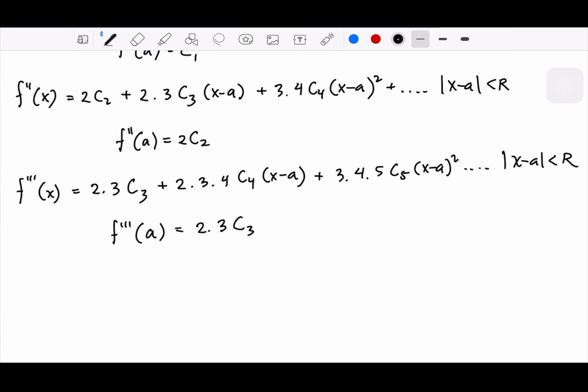If you take the fourth derivative, the fifth derivative, you will see it will be 2, 3, 4, then 3, 4, 5, then 4, 5, 6, 5, 6, 7, and so on.